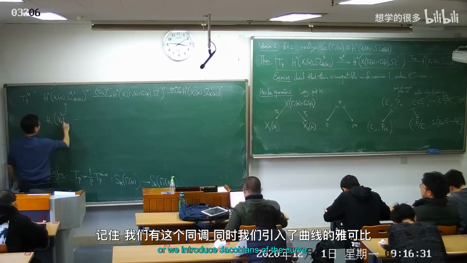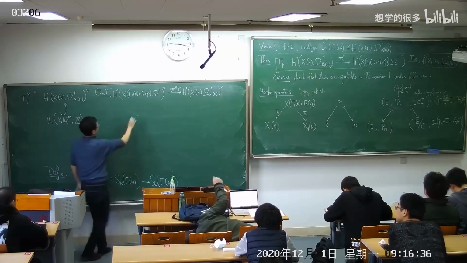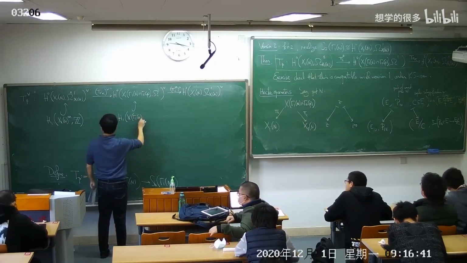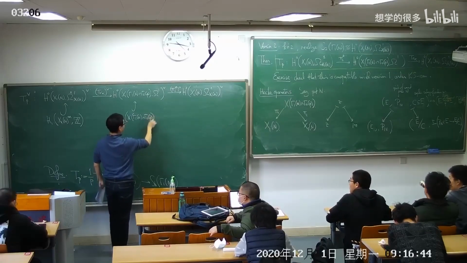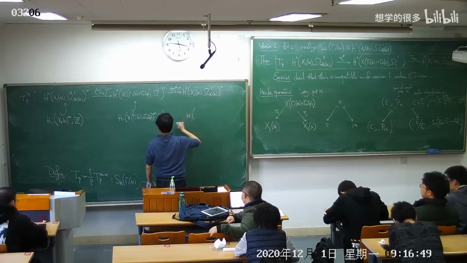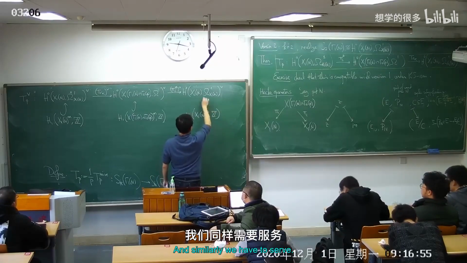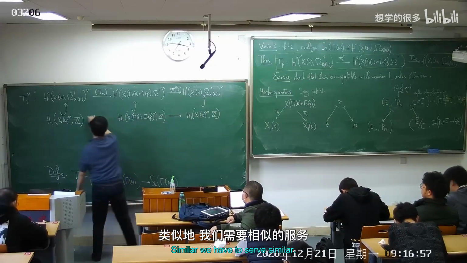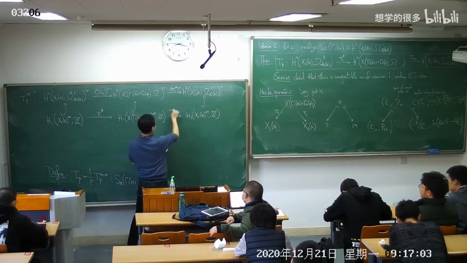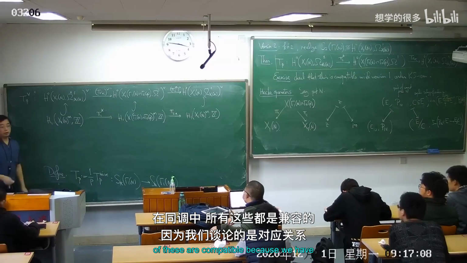Or we introduce Jacobians of the curve. So inside of here, and similarly we have similar maps of these on the homology, and all of these are compatible because we have a correspondence, right?